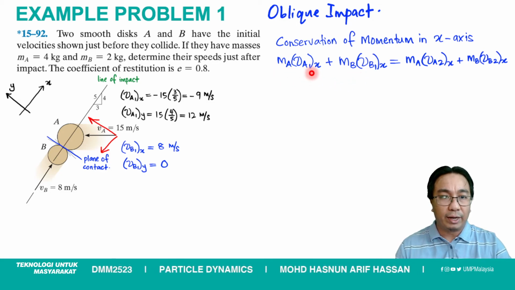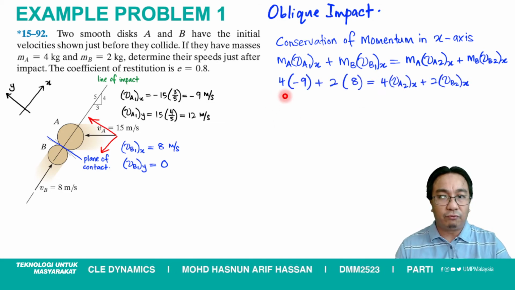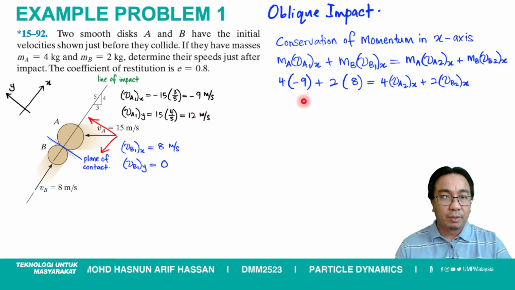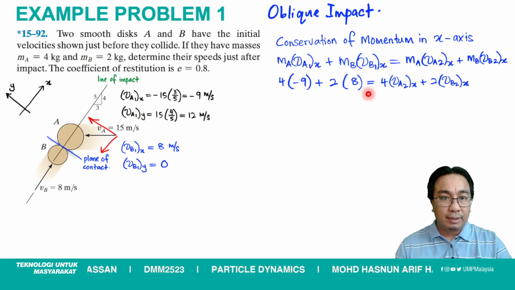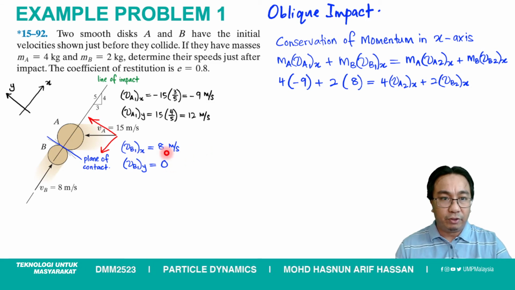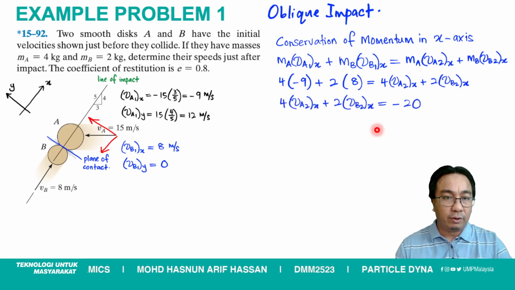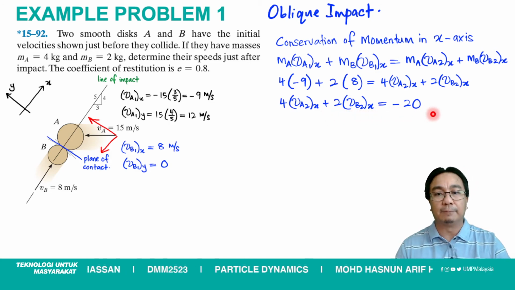We know VA1x and VB1x. So we substitute all the values. 4 times minus 9 for VA1x plus 2 kg for MB times 8 for VB1x equals 4 VA2x plus 2 VB2x. Then we're going to have 4 VA2x plus 2 VB2x equals minus 20.